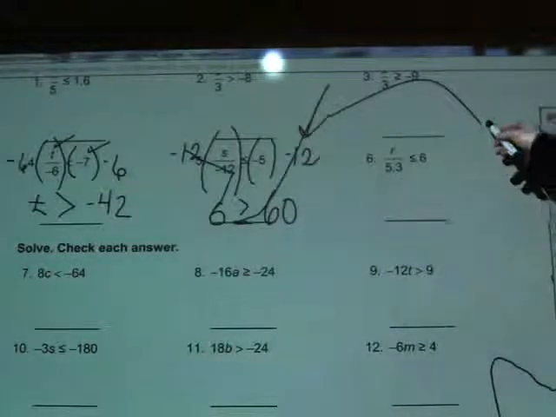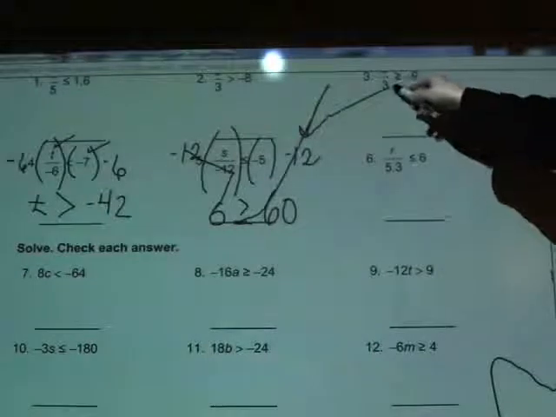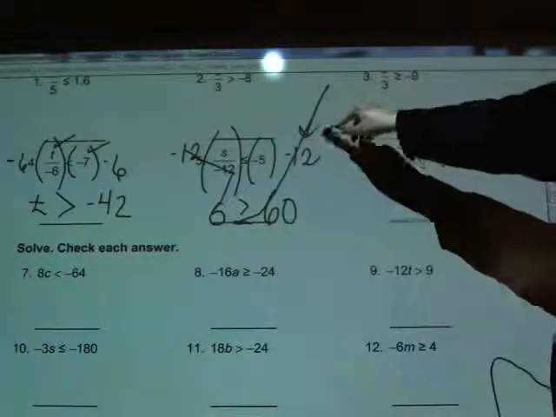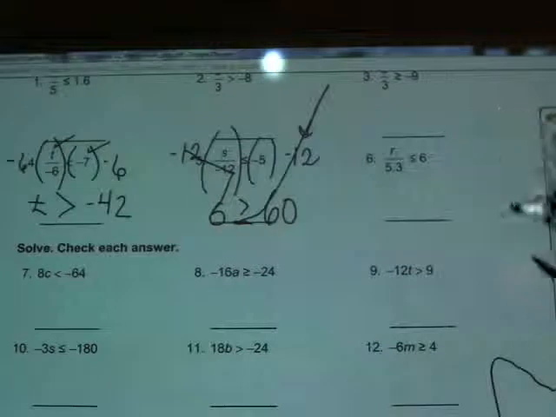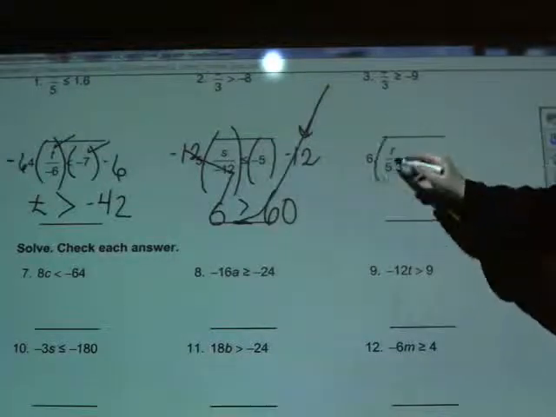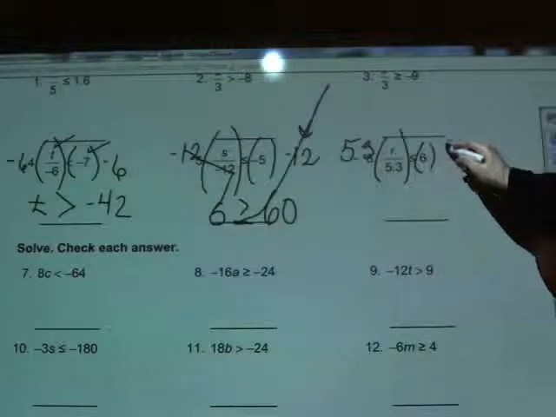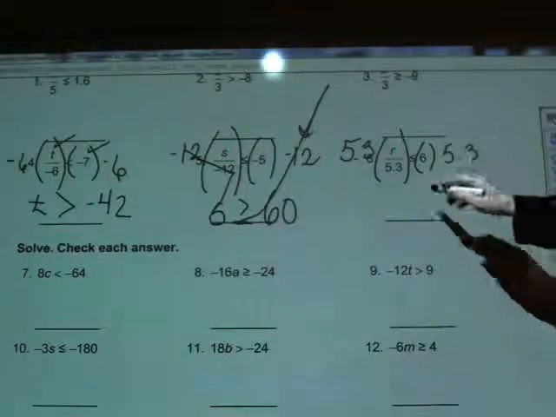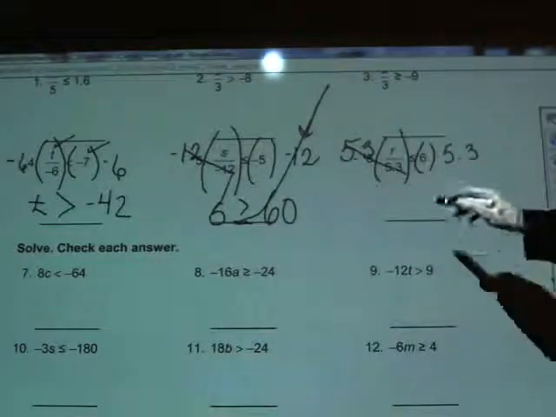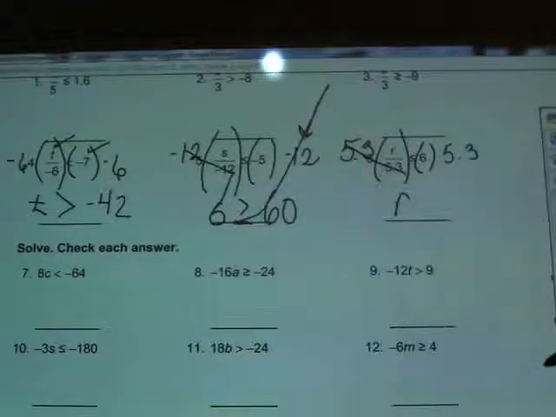All right, let's go ahead and get number 6 then. We've got R over 5.3 is less than or equal to 6. If we take a look at this one, multiplying both sides by 5.3 to solve. The divide and multiply by 5.3 cancel each other out and leave me R. There is no negative in the mix here, so the sign stays the same.